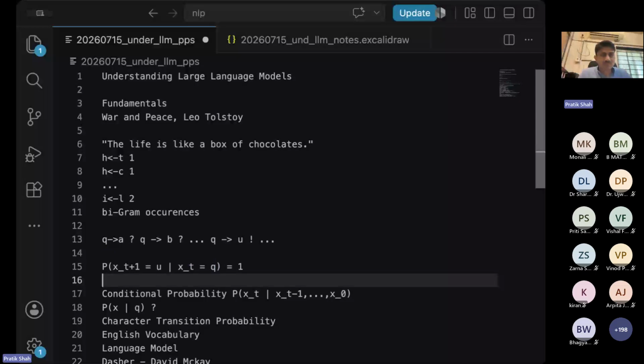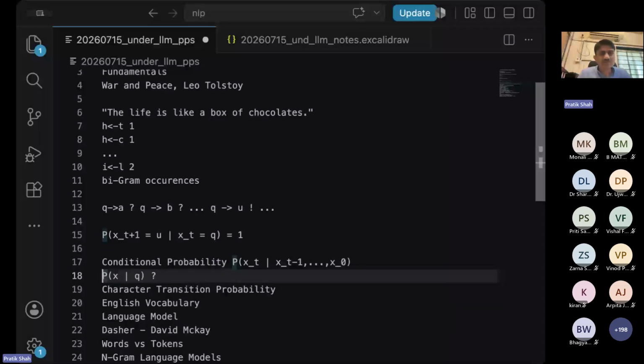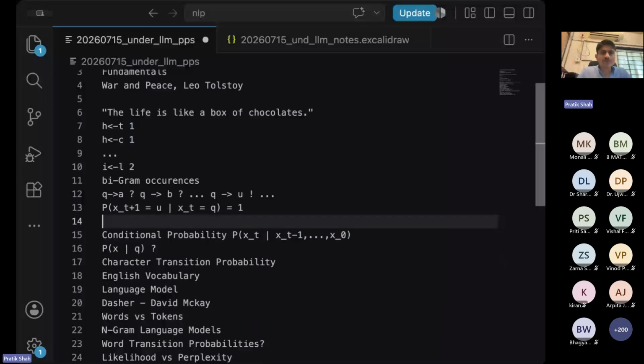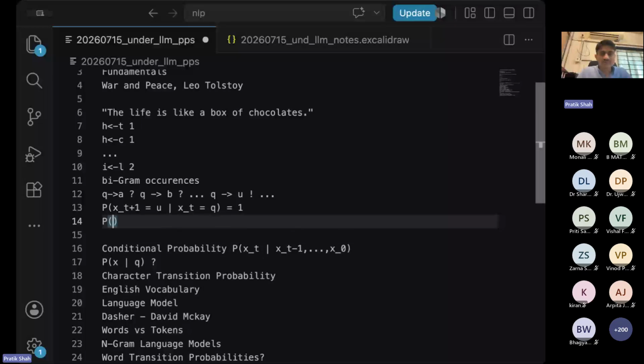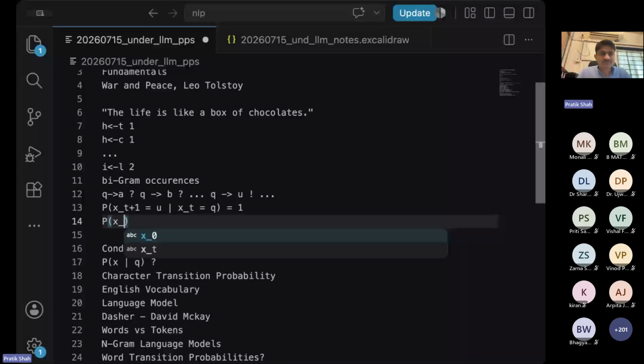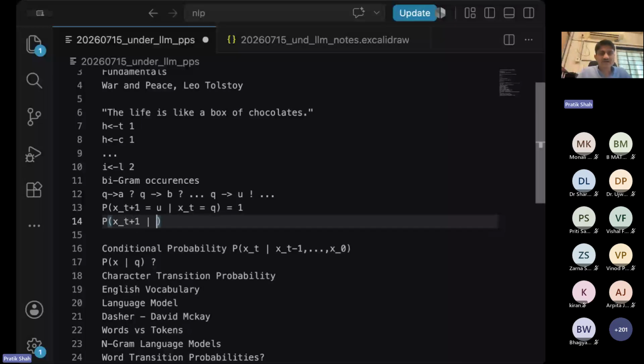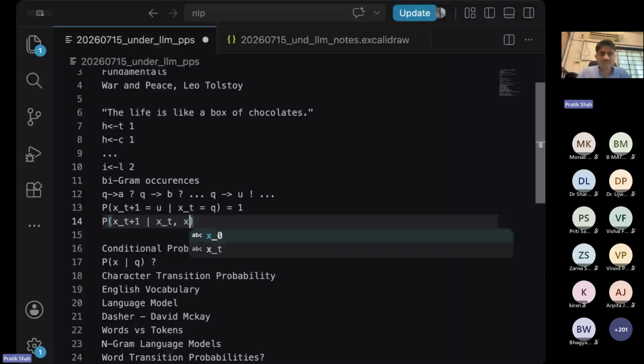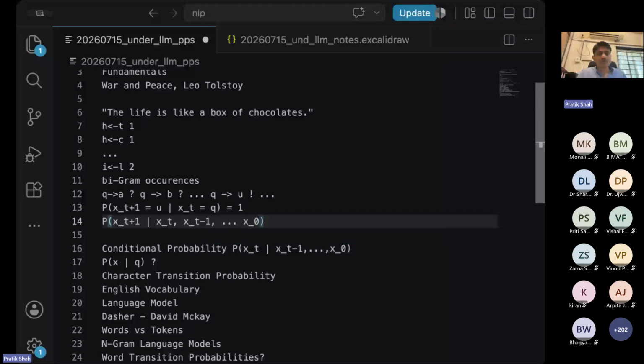Now nobody stops you from asking why only xt is equal to q. Why only take one transition? I can always talk about more than one transition. So I have xt, then I have xt minus 1. In fact, I can go up to x0, the starting point of my sentence or my word, and then I try to predict the next character.